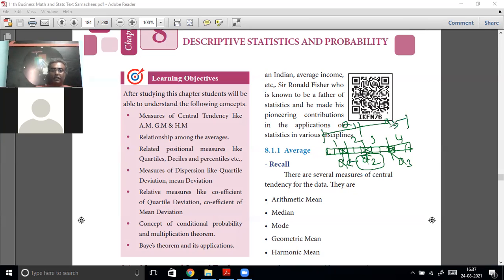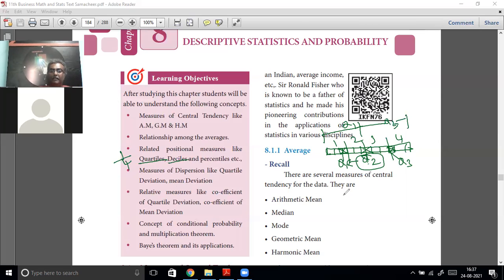That becomes quartiles. Quartile means quarter. Quarter means 1 by 4. So divide the entire data, arranged in ascending order, into 4 pieces. Then you take Q1, Q2, and Q3, which are the 3 medians you get. That is quartile.